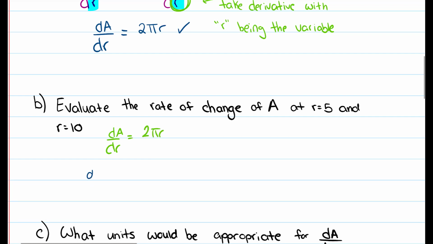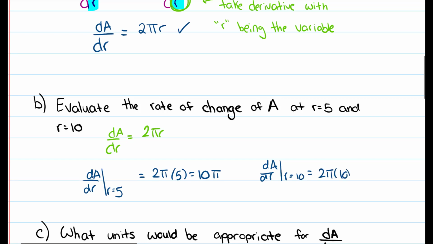So dA dr when r is equal to 5 is 2 pi times 5, which is 10 pi. If I want to find dA dr when r is equal to 10, all I have to do is plug in 10 for r, and I get 20 pi.